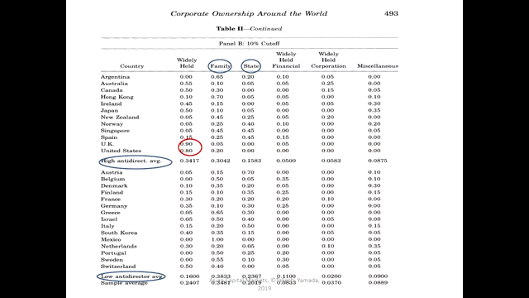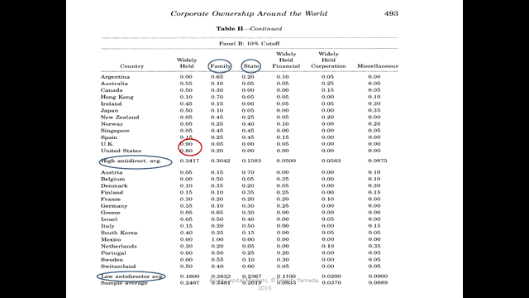If you look at this table, you can see how US and UK are the exceptions. And we're not talking about emerging countries; these are all developed countries. If you look at this part, you see almost none.